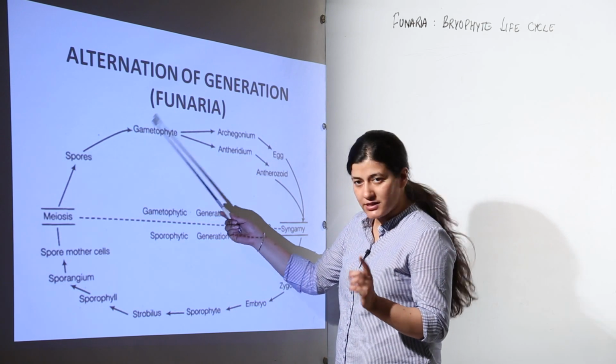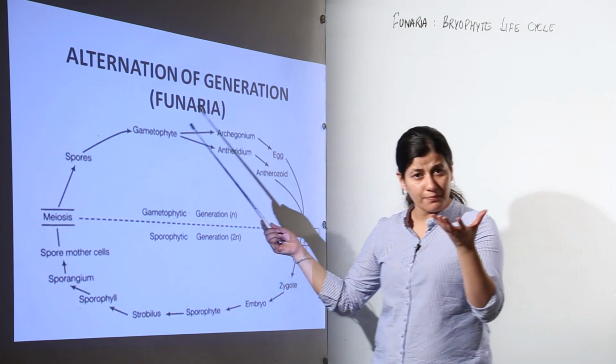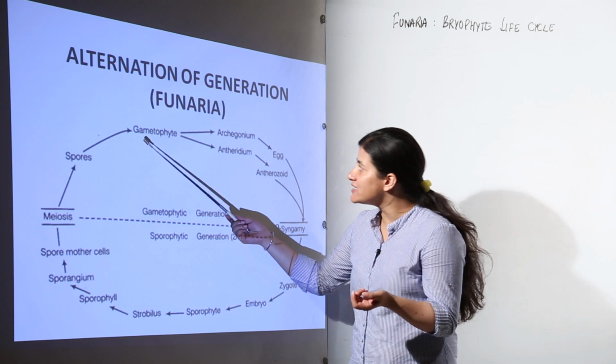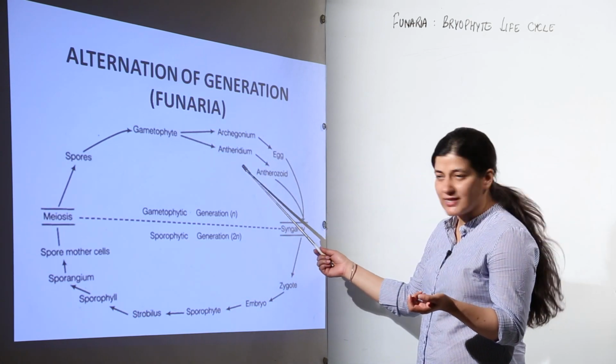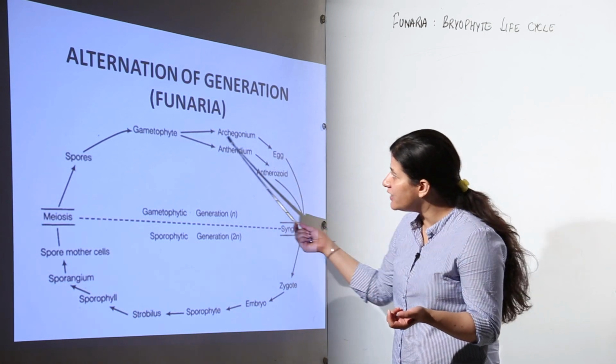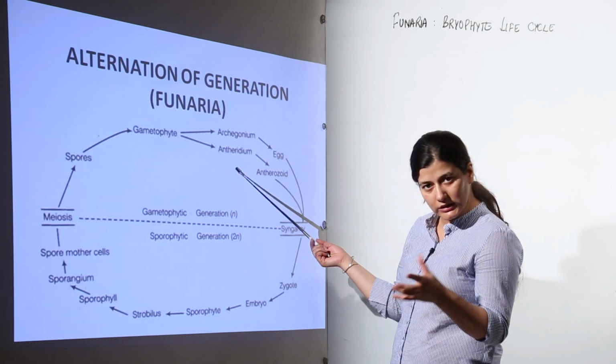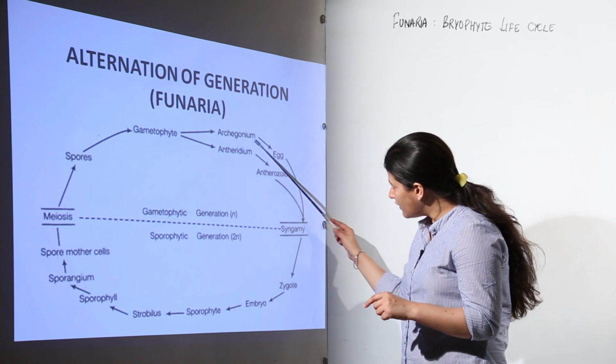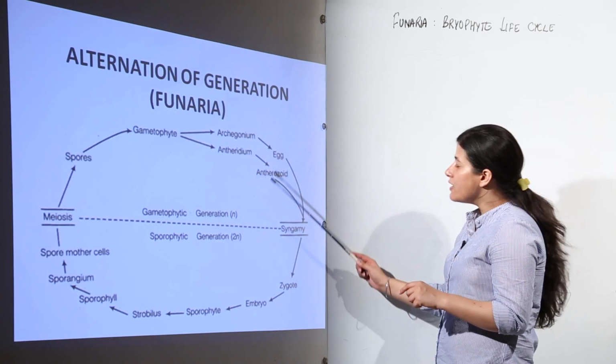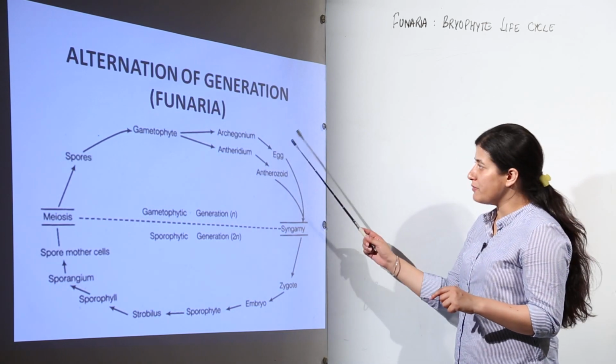The main dominant plant body gets differentiated into the male and female sex organs, antheridium and archegonium, which give rise to the male and female gametes, male being the antherozoid and female being the egg.